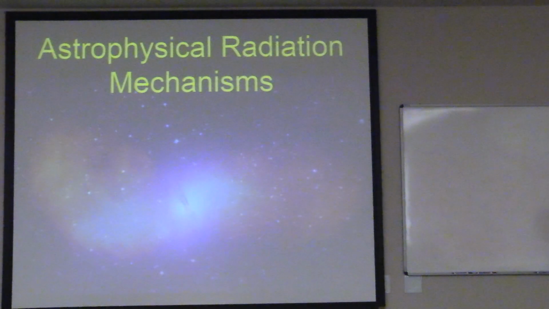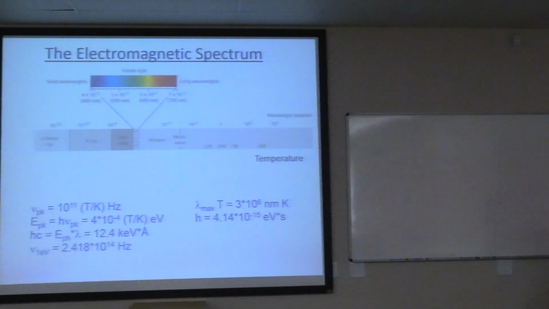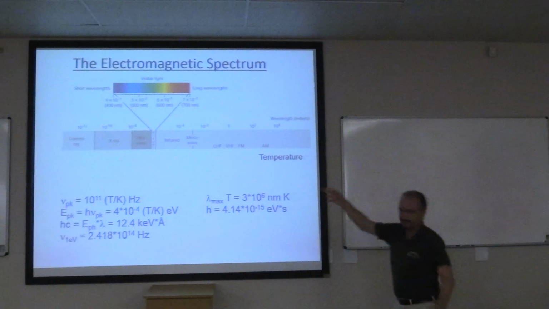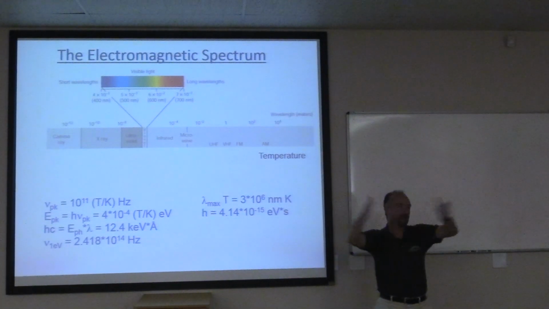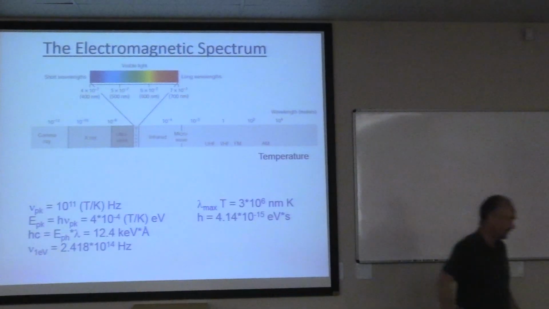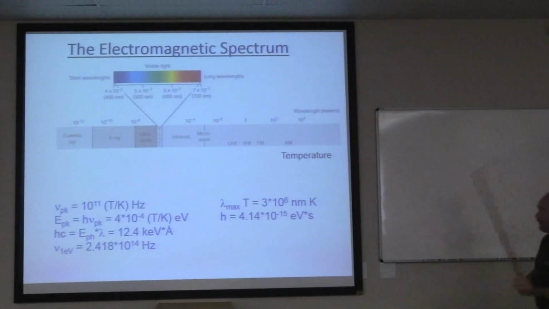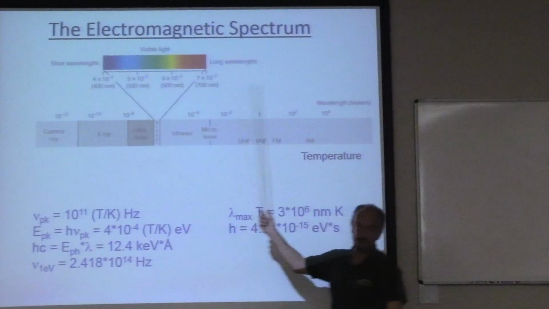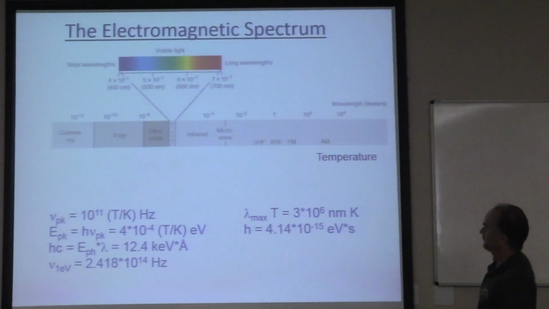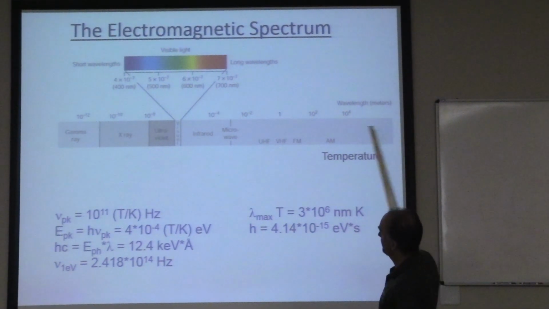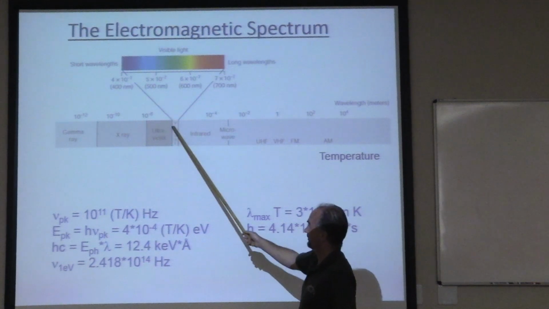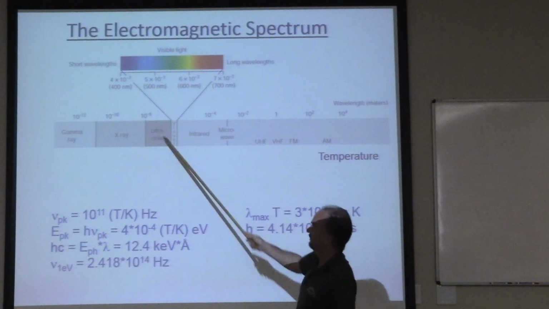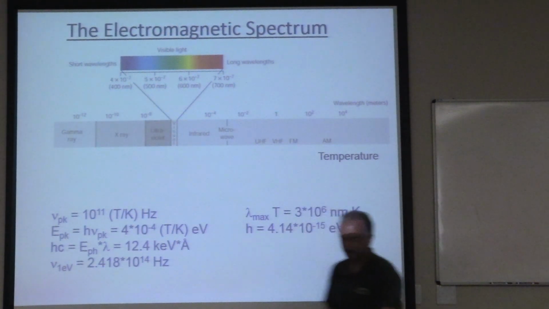So, radiation. Most of you probably know that what we see as visible light is only a small part of the electromagnetic spectrum, right? So this is all radiation. What we have done with radiation theory describes all types of radiation, from radio waves through infrared, optical, visible light, ultraviolet, X-rays and gamma rays.